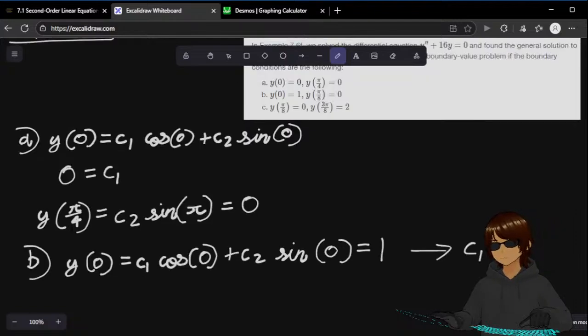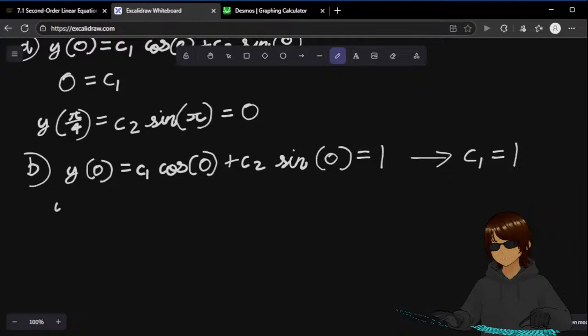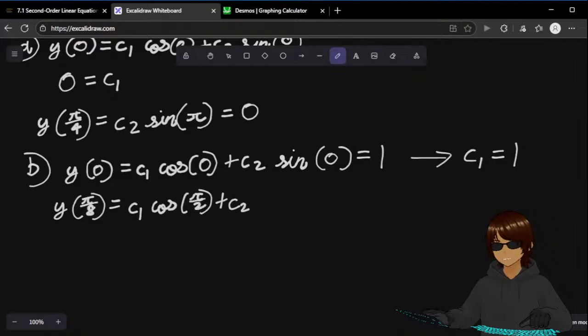So by pi over 8, y(pi over 8) is equal to C1 cos pi over 2 plus C2 sine pi over 2.